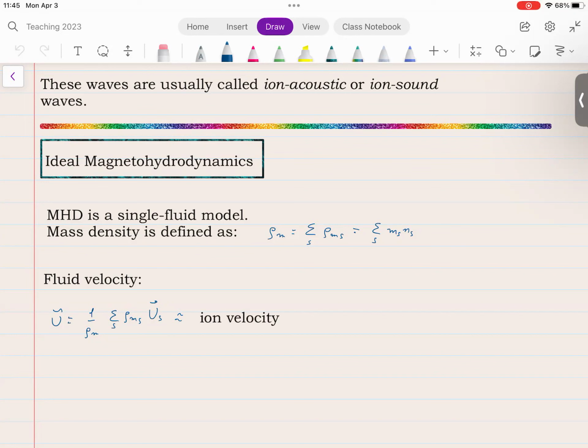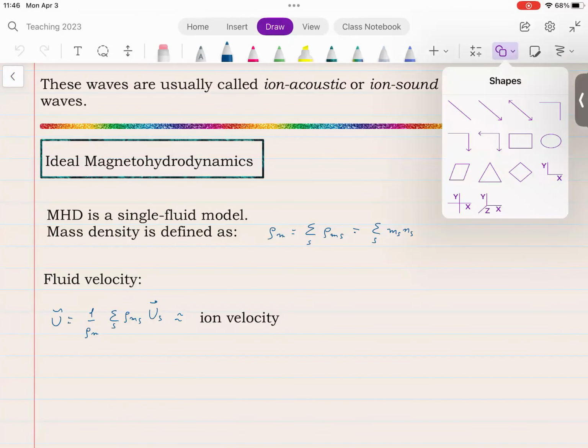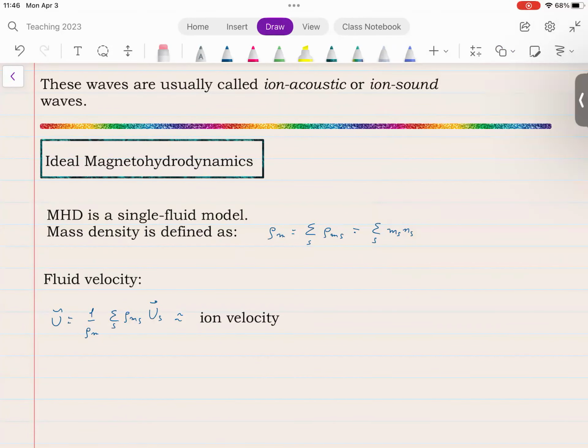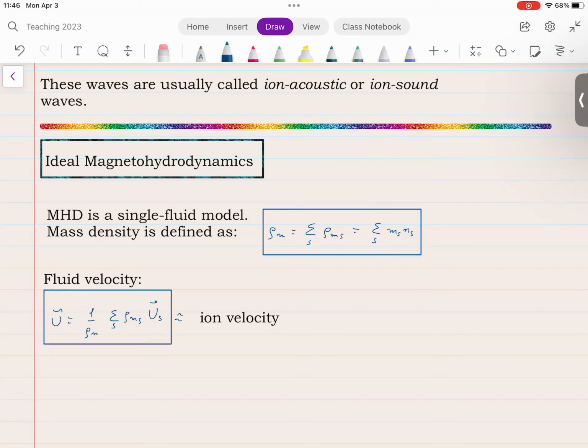These mass density and fluid velocity are the two quantities that enter the continuity equation, which we can now write.